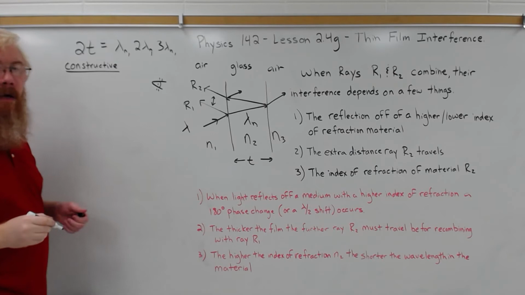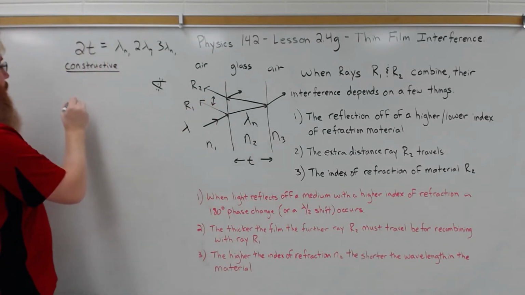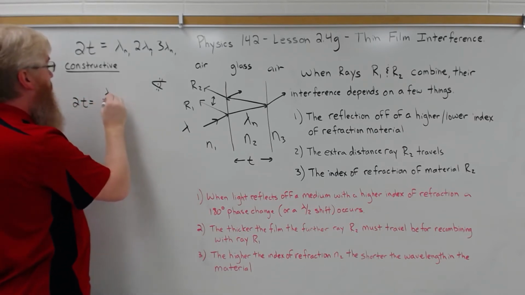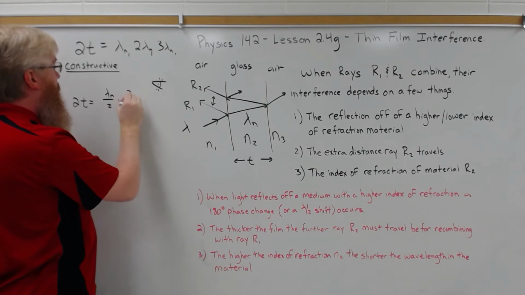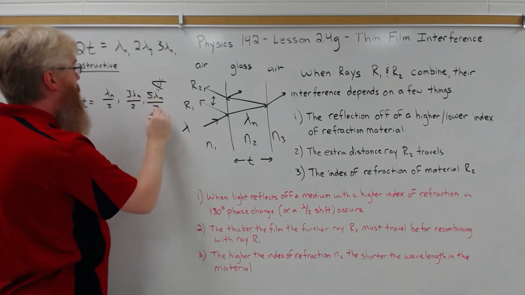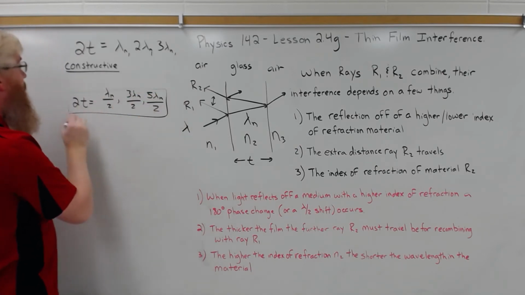Ideally, if it's just due to the change in thickness. And then if twice the thickness is equal to some half value of the wavelengths, lambda n over 2, or 3 lambda n over 2, or 5 lambda n over 2, this would give us destructive interference.